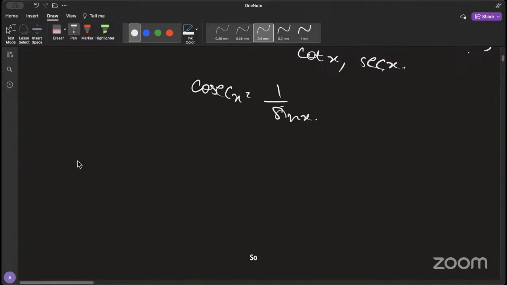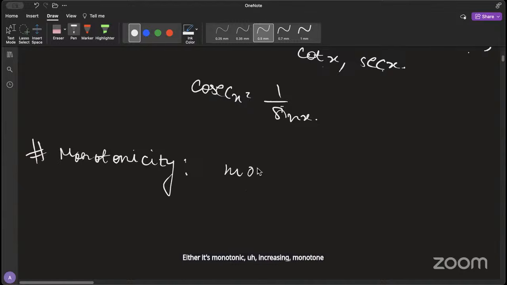Then we have monotonicity, which is something we've already discussed, but let's do it one more time here. Monotonicity of your function is either monotone increasing or monotone decreasing.